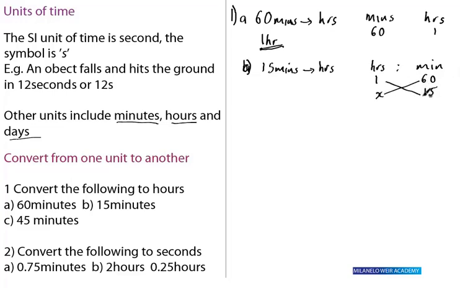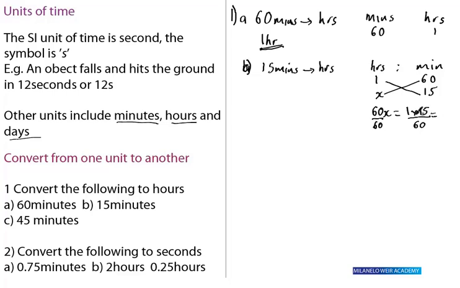What do we do? We cross multiply. Upon cross multiplying, what do we get? 60x is equal to 1 times 15. So we divide by 60 on both sides, and what do we get?